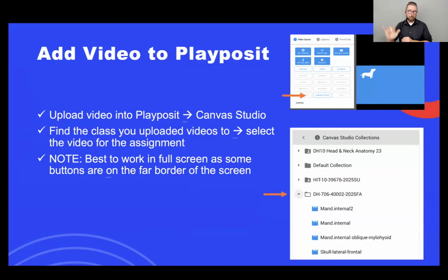So now the PlayPosit build site, I guess you would call it, where you're going to work on your video, add your questions, do your work, opens up. First, I've got to add some video here. So this top box is what you'll see next. So we just worked on how to get videos into Studio. So you're going to choose that bottom button that says Canvas Studio, though you'll see there's many other choices.